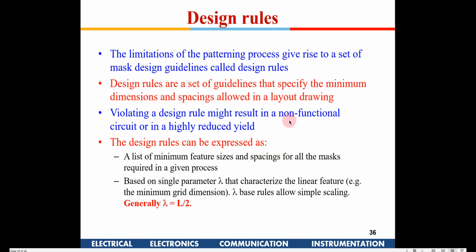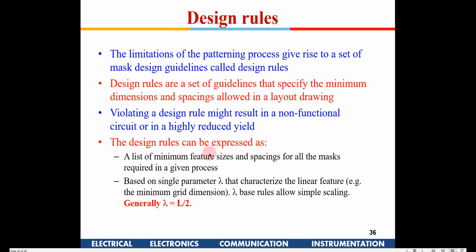Because during fabrication, it is not that the metal will get deposited in an exactly straight line. There will be some tolerances, and if the wires are too close to each other, because of those tolerances they might ultimately short each other. So all those things need to be taken care of to cater for all those imperfections or tolerances during fabrication.